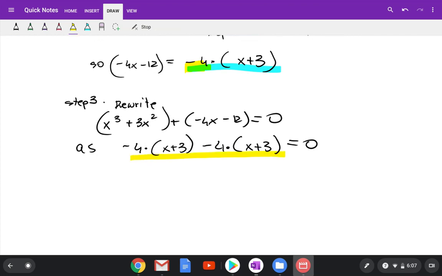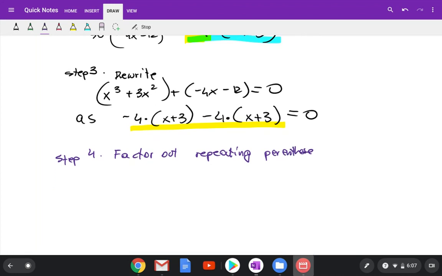Okay, we need to factor by grouping. So the whole idea of factoring by grouping is your step 4. Factor out the repeating group. So what is repeating here? X plus 3. So this is technically the GCF, so we're going to factor that.